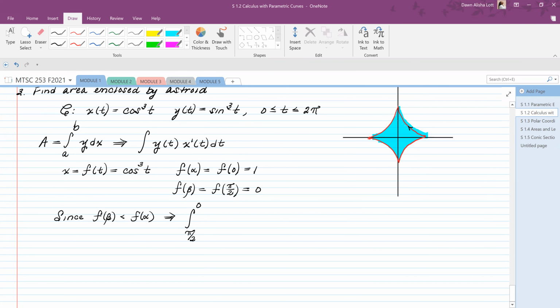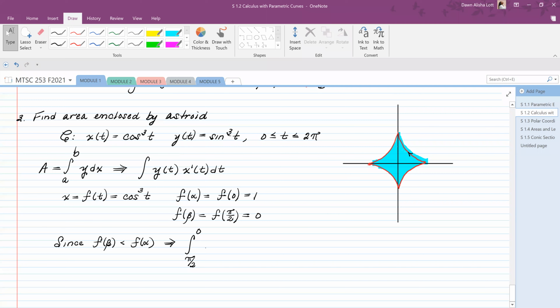And then for y of t, we're going to put sine cubed of t. And for dx dt, we're going to get 3 times the cosine squared of t times the sine of t, with a negative.